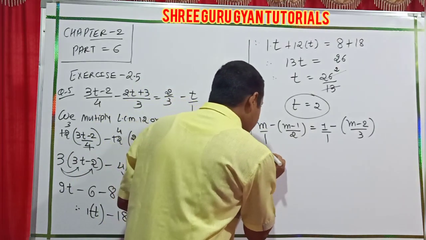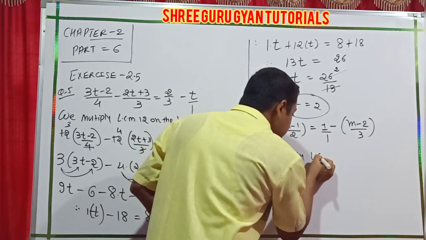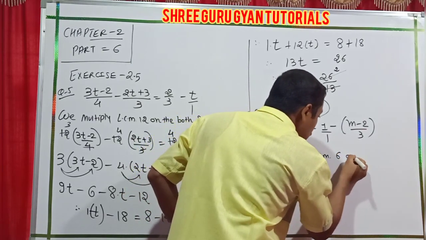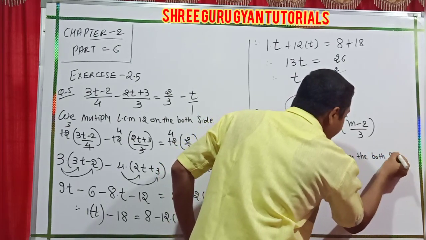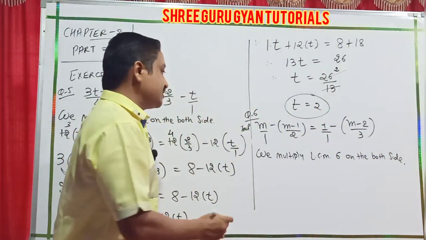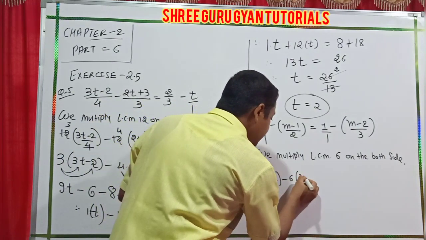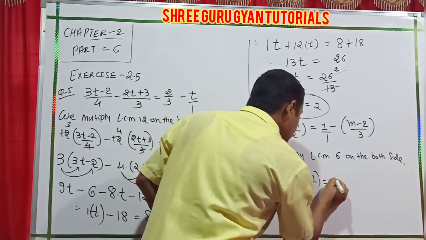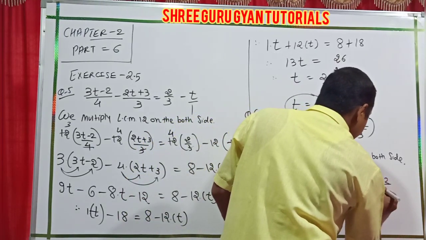So we multiply the LCM 6 on both sides. Only 6 multiplies the first term, here also the second term, and here also 6 ones are 6, and here 6 times (m minus 2) by 3.